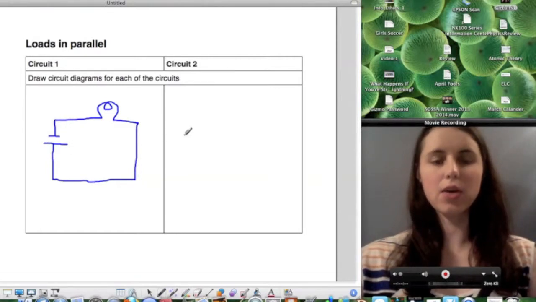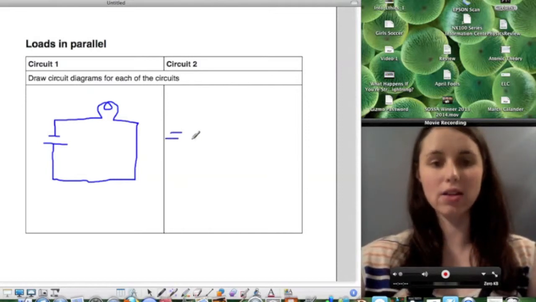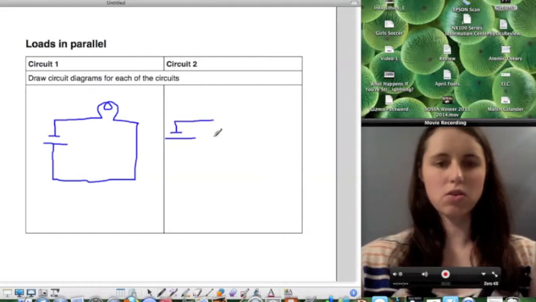Okay, so now we want to draw circuit 2. Circuit 2 has 3 loads, right? And it's got that battery as well. Big thing is that everything is connected in parallel though. So last time we drew them connected in series on Friday. This time we're going to want to draw them connected in parallel. So we're going to have 1 load here. Don't judge my art skills, right?